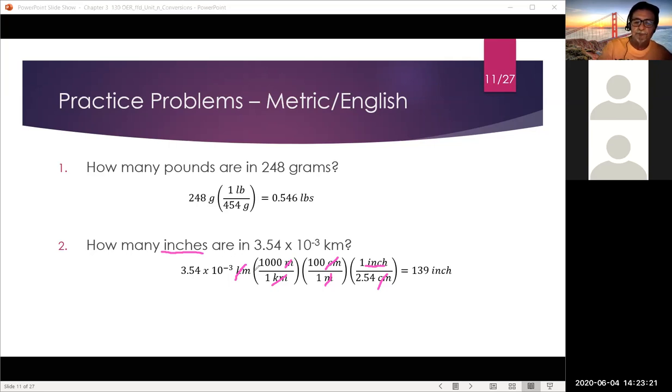But to check, do this. Take 3.54 times 10 to the negative third, divide by 2.54, and hit the equal sign. Then multiply by 1,000, then hit the equal sign. Then multiply by 100, then hit the equal sign. Note your answer. And then go back and do the same mathematical function without the equal sign and see if you come up with the same answer.